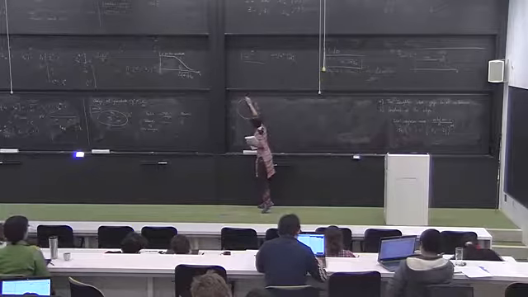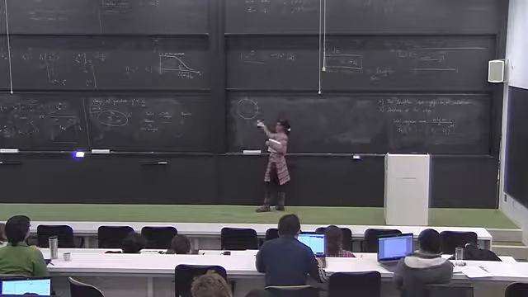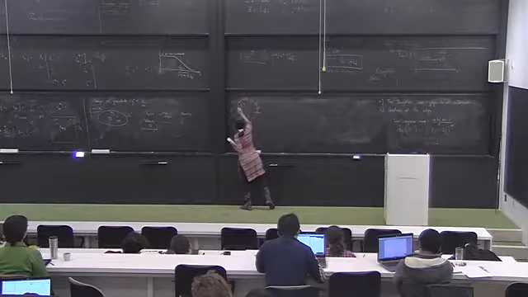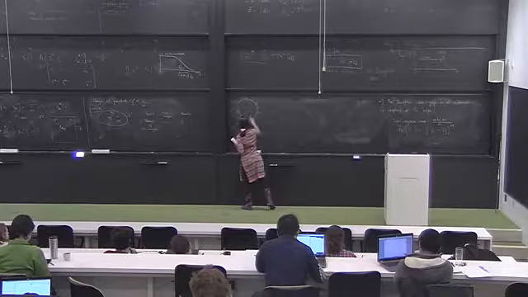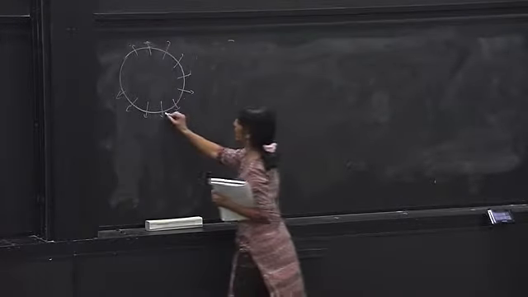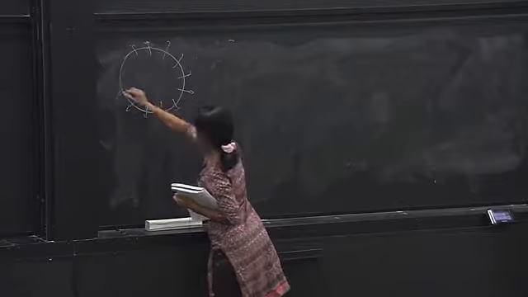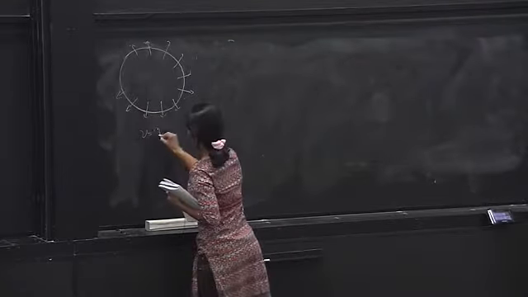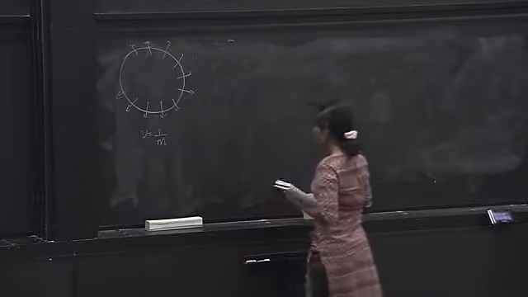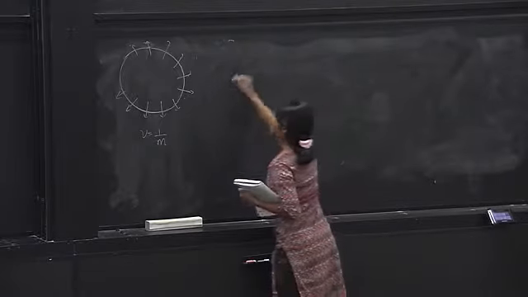Because we want a magnetic field perpendicular to the surface, and on a sphere, that means the magnetic field is radial. Okay, so this is my original system. I prepare it at this filling fraction in the ground state.